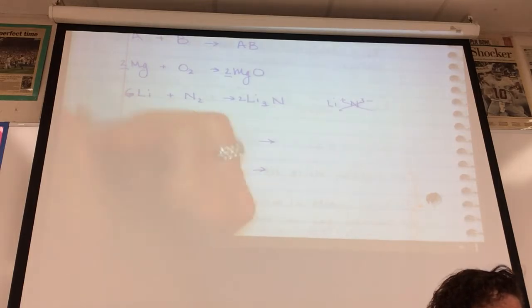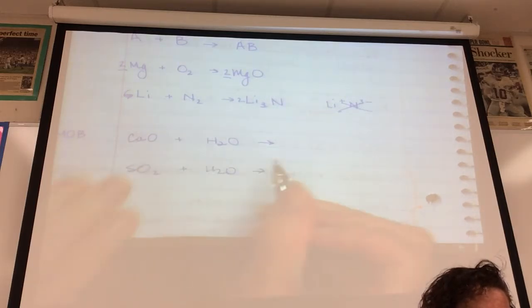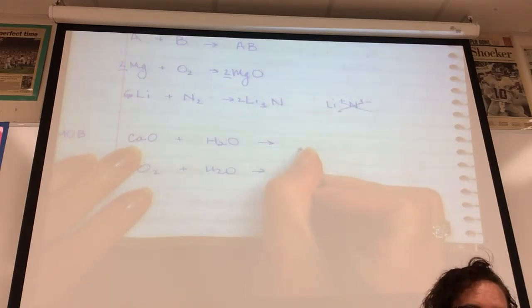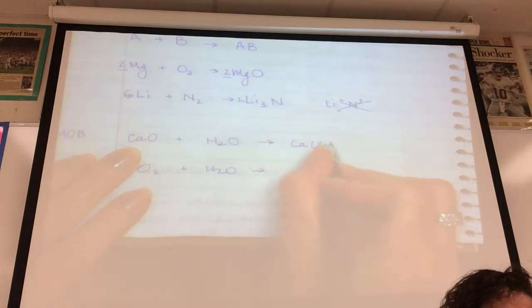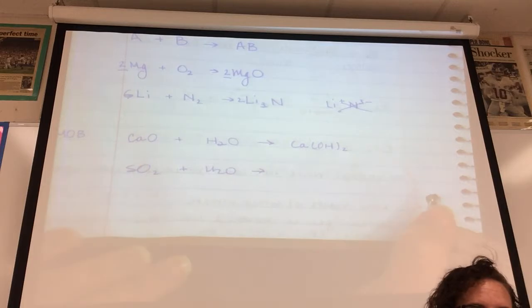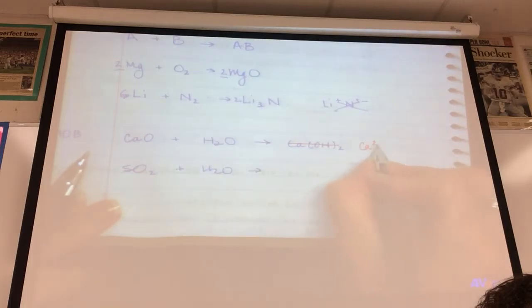Just remember the MOB. A metallic oxide and water forms a base. What base would you form? Now, is calcium hydroxide a strong or a weak base? Strong. So you wouldn't leave it as a unit, but rather in its ionized form.